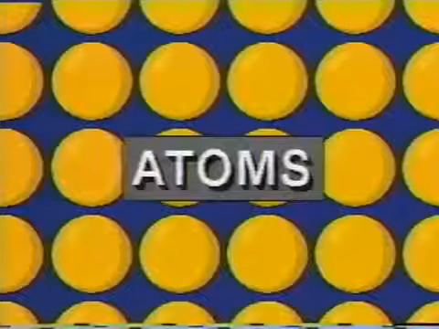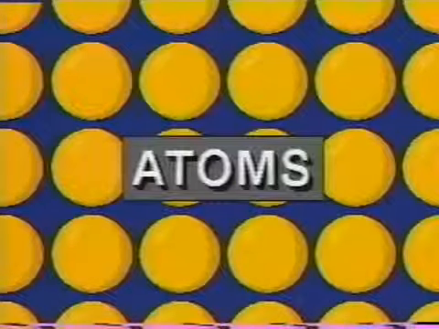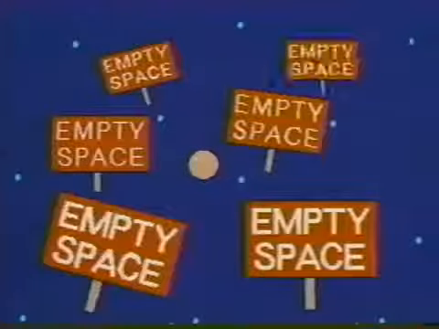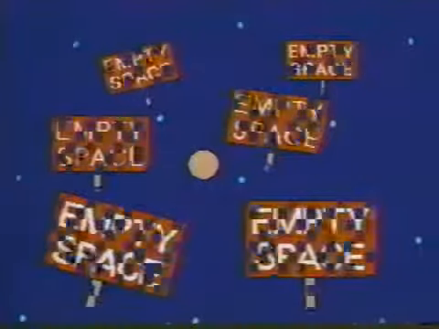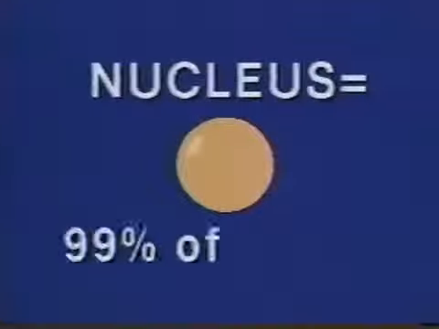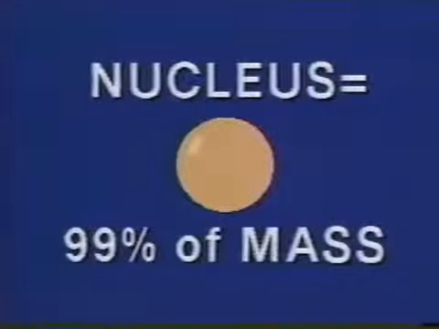Why do materials differ in this way? We believe that all substances consist of tiny particles called atoms. Our current model of the atom assumes that it is mostly empty space. And in a tiny volume called the nucleus, over 99% of the mass of the atom is concentrated.